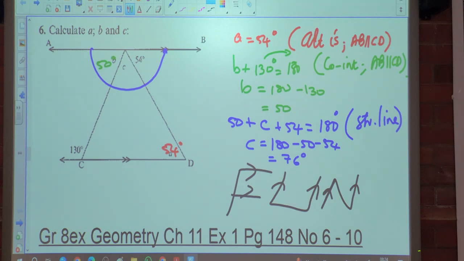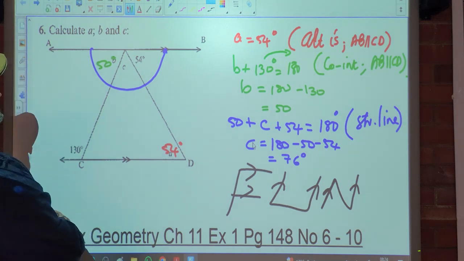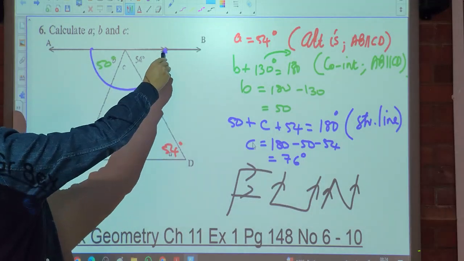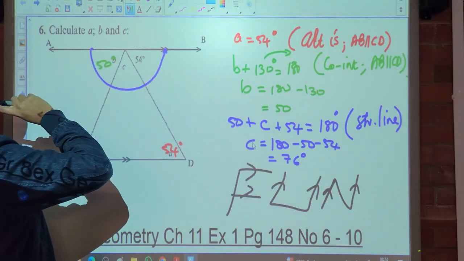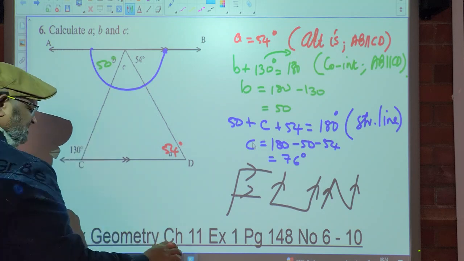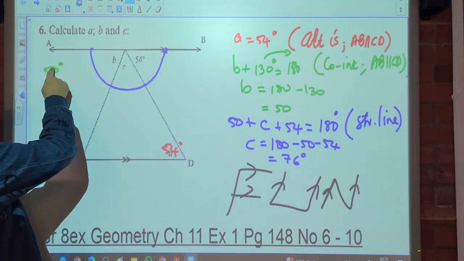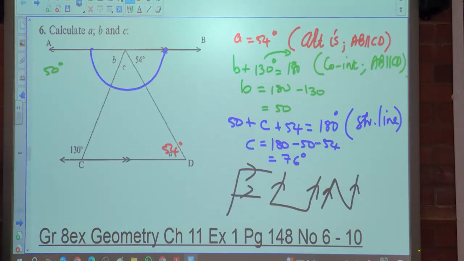So I have a question about the straight line. If the 50 degrees was like all the way at the end by the arrow, would we still say straight line?